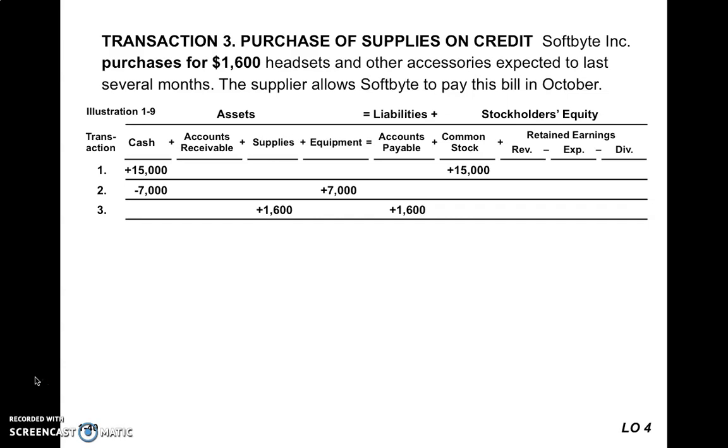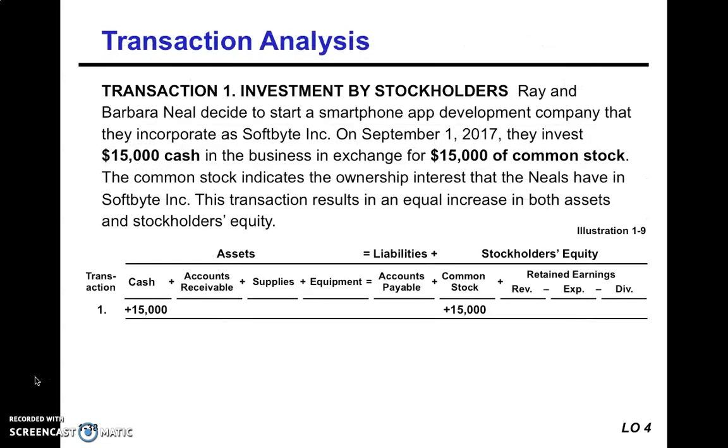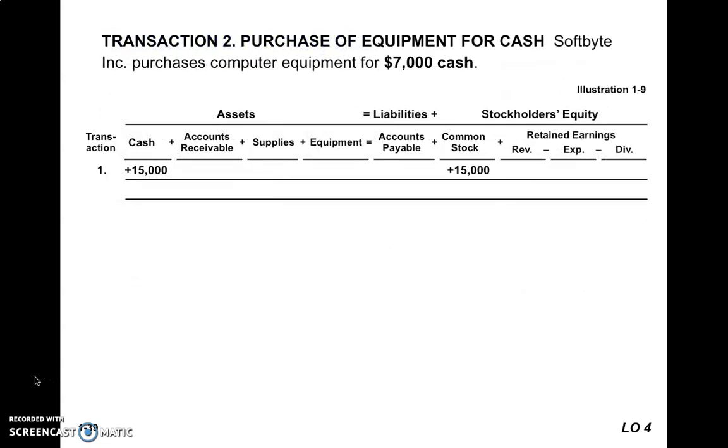If you notice, this transaction affects both sides of the equation. Assets increase, liabilities increase, and therefore the equation stays balanced. Unlike the last transaction, which was a purchase of equipment for cash, that transaction was increasing an asset, equipment, however, decreasing another asset for the same amount, cash, and that transaction only affected the left part of the equation.